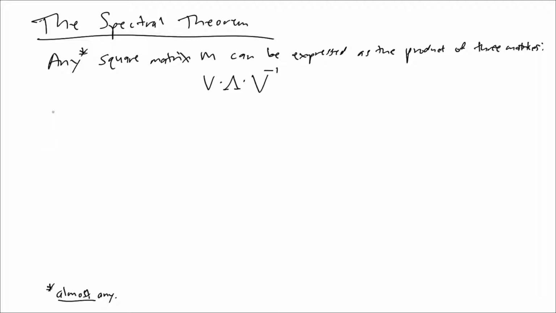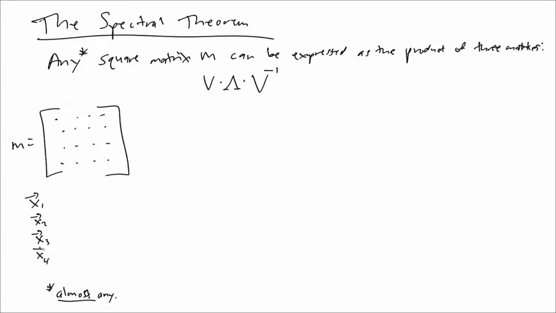Here's what they are. Let's say we're dealing with a 4x4. I'll make this concrete. So let's say M is a 4x4. It's got 16 entries here, right? And we know that since this is not a weird one, it has 4 distinct eigenvectors, each with its own eigenvalue. So I'll just call them x1 through 4, and each one has its corresponding eigenvalue, lambda 1 through 4. 1, 2, 3, 4.